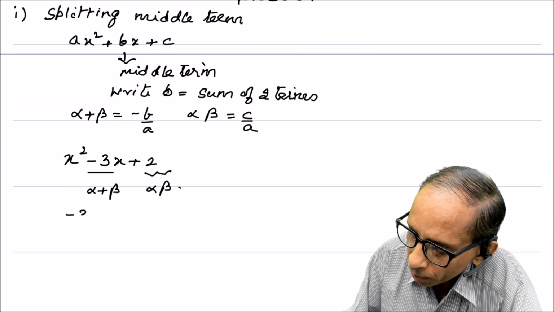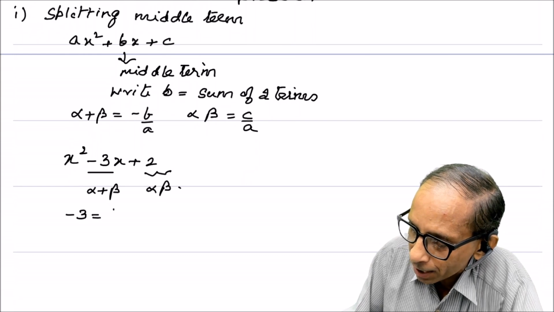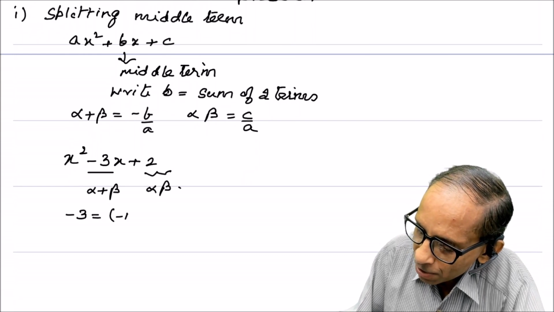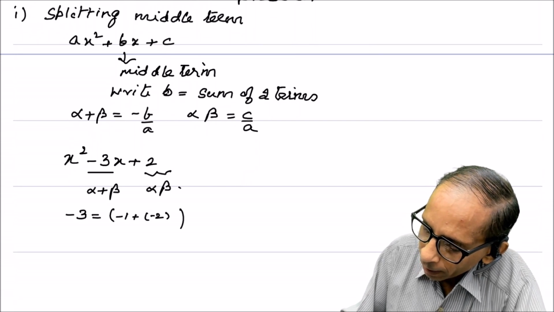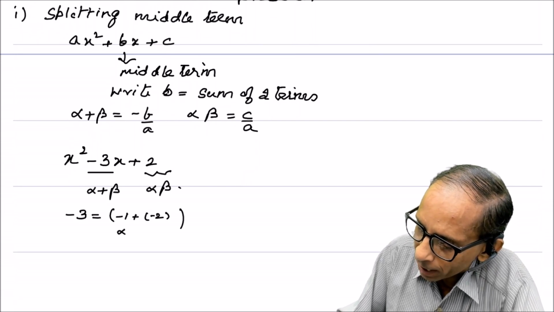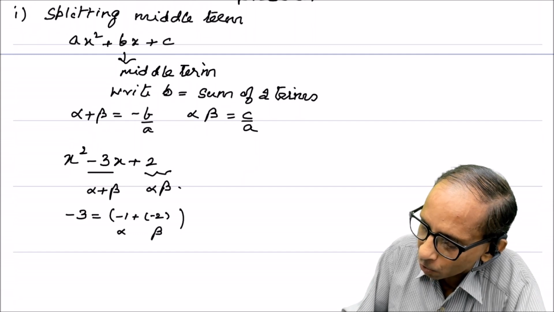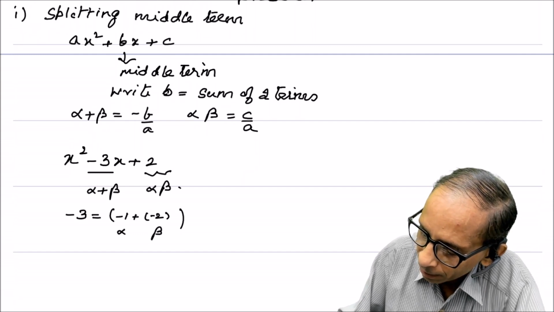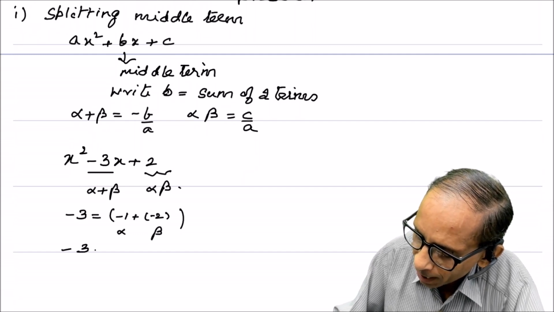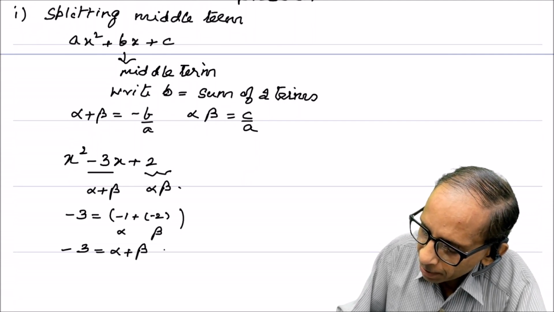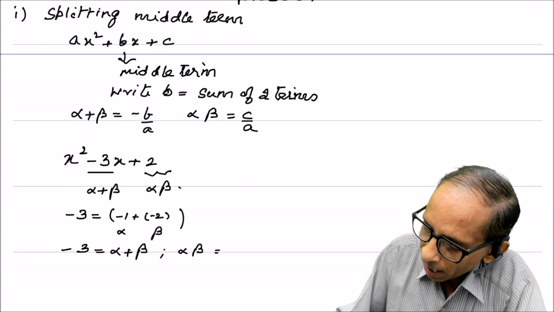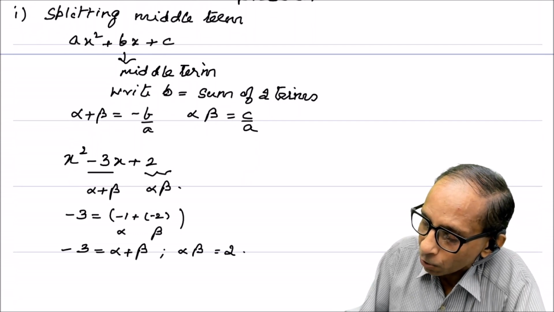So what we do is we write this minus 3 as minus 1 plus minus 2, and we notice that if we call this our alpha and this our beta, then minus 3 has actually become alpha plus beta, and at the same time alpha beta has become equal to 2.